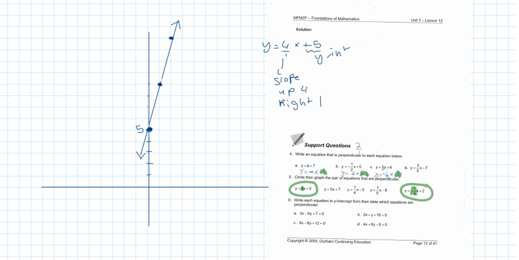So that's the first equation, which is y equals 4x plus 5. Now my second equation is y equals negative 1 over 4x plus 2.